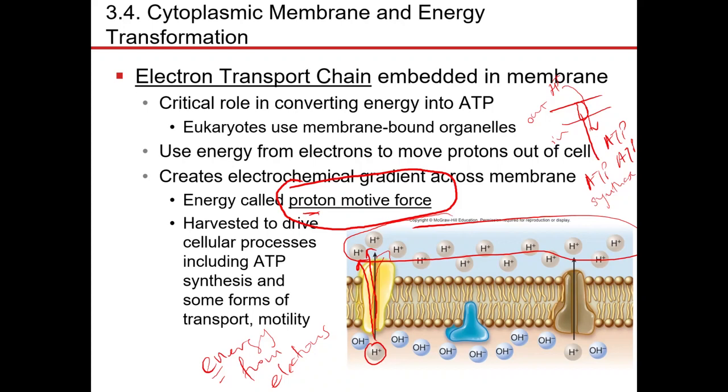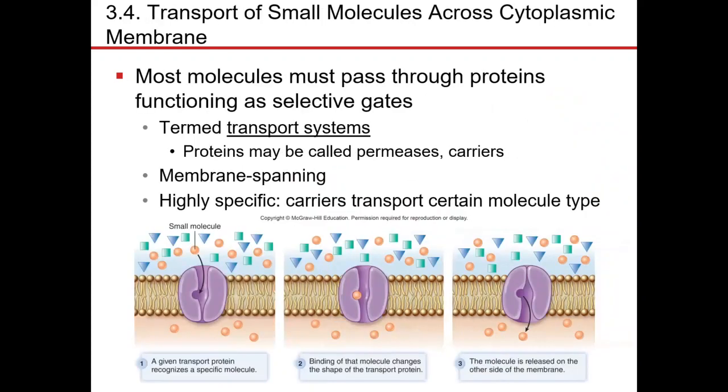The flow of hydrogen ions from a region of high concentration to low concentration results in the production of ATP. This is quite an interesting mechanism, the proton motive force. They use the movement of protons to actually produce energy.